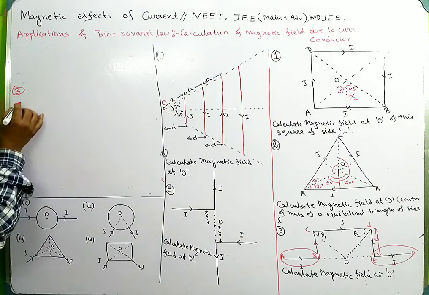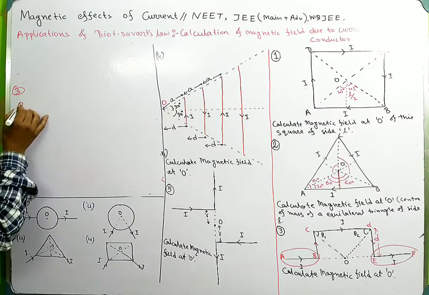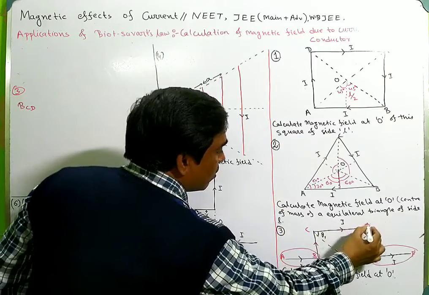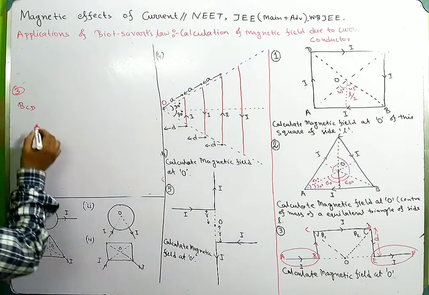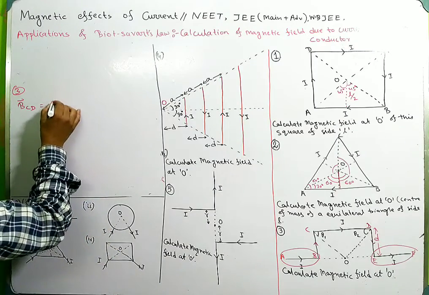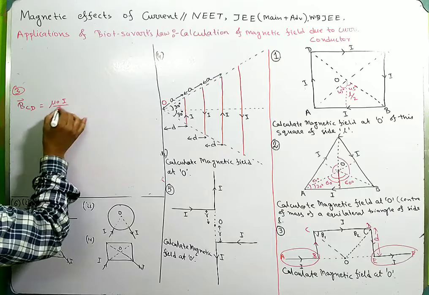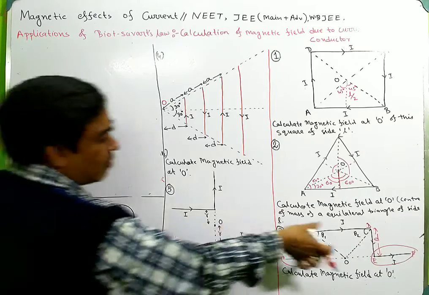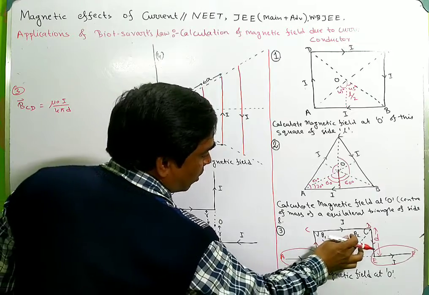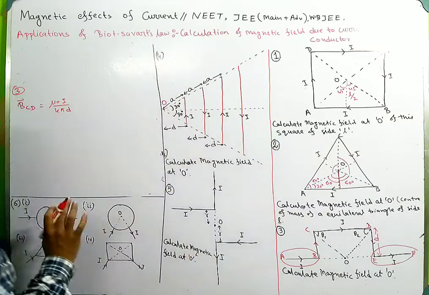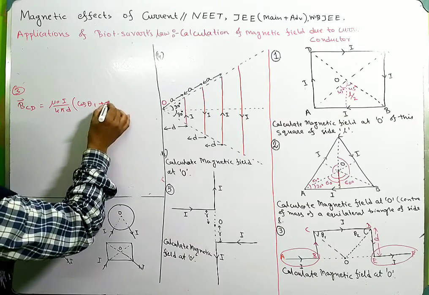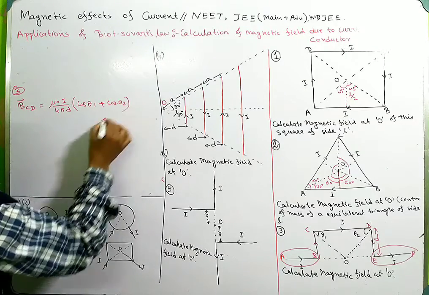So the magnetic field for the CD portion will be mu 0 I by 4 pi D. If I want to calculate in terms of theta 1 and theta 2, it will be cos theta 1 plus cos theta 2.